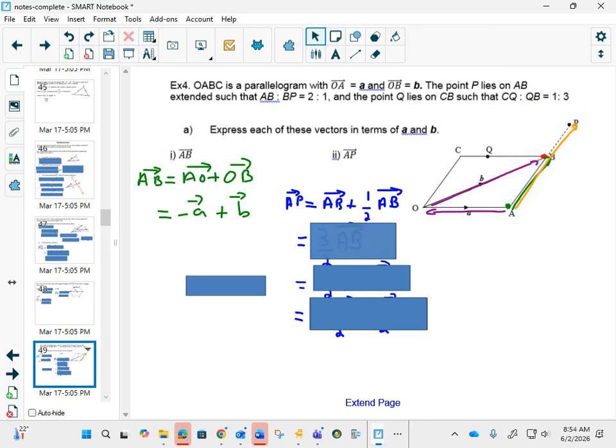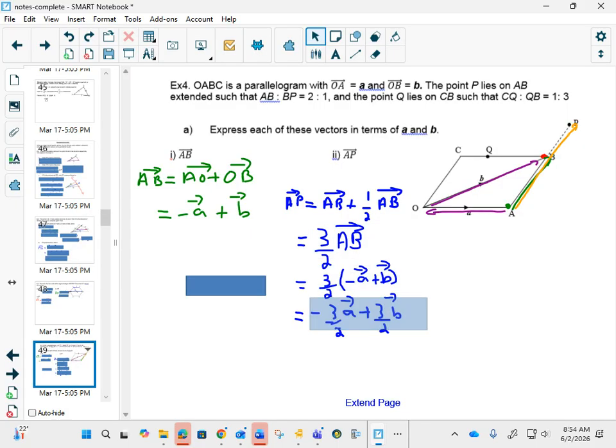So putting that in place, we get 3/2 A to B, which is negative 3/2 A plus 3/2 B. And now we have an orange vector defined.